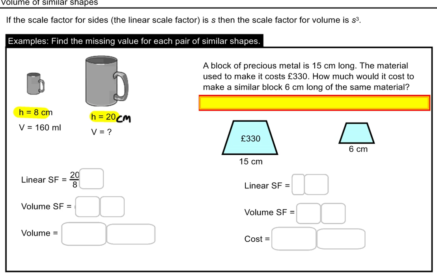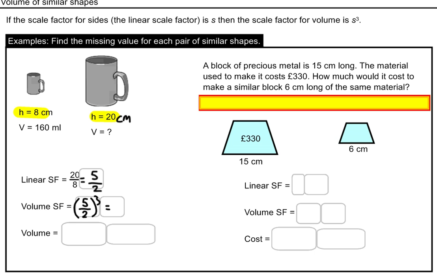I know the two heights. Now simplifying that, 20 and 8, they're both divisible by 4. Give me a scale factor of 5 over 2. My volume scale factor, well, that's going to be 5 over 2 cubed.